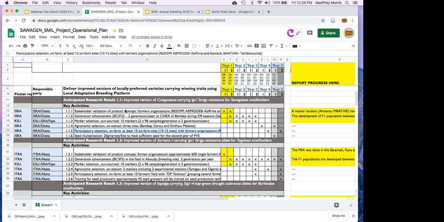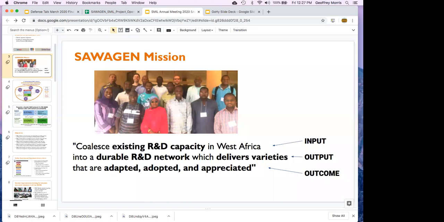I would say definitely in Senegal, we have a strong expectation that by the end of the project period, we will have got to the point of testing hypotheses on the appreciation and the adaptedness of those candidate varieties.